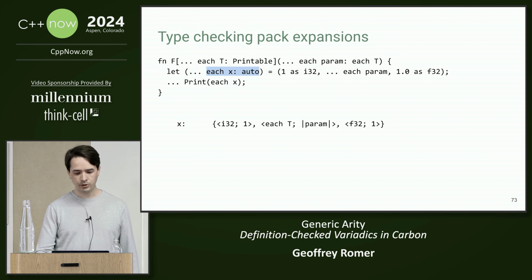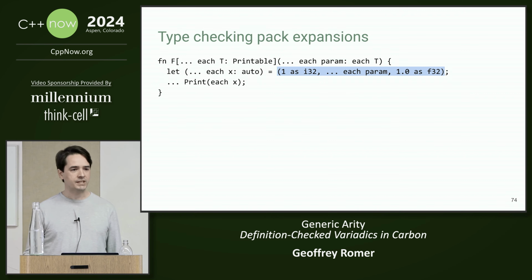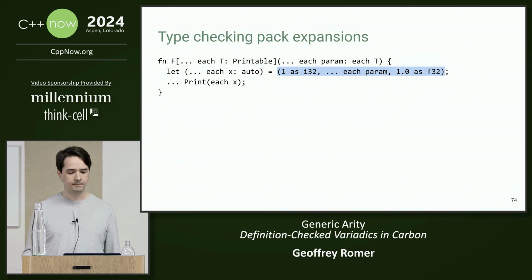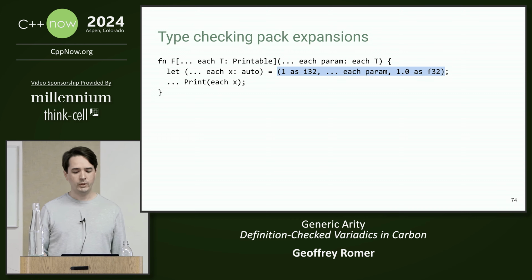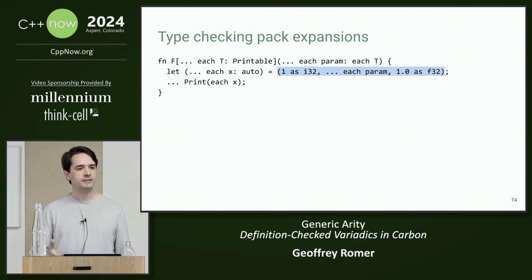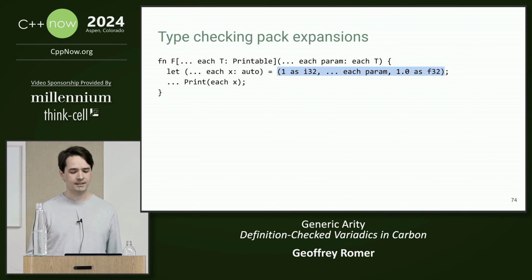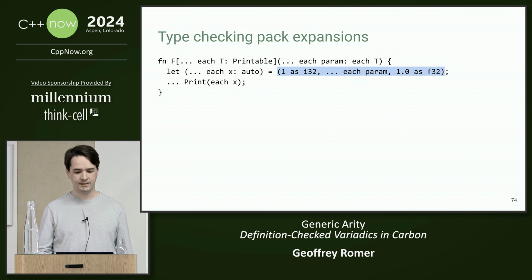We also need to take a closer look at tuple types. For example, we need a way to represent the type of this tuple. And normally we'd represent a tuple type with a list of element types, but we can't do that here for the same reason we couldn't do it with the pack type. This tuple has the same element types as x. The only difference is it's a tuple of them instead of a pack of them.